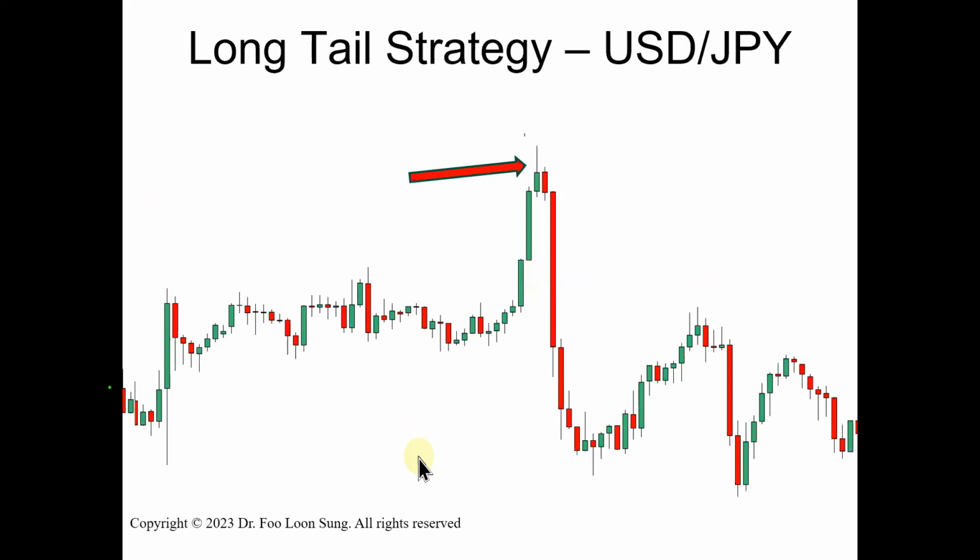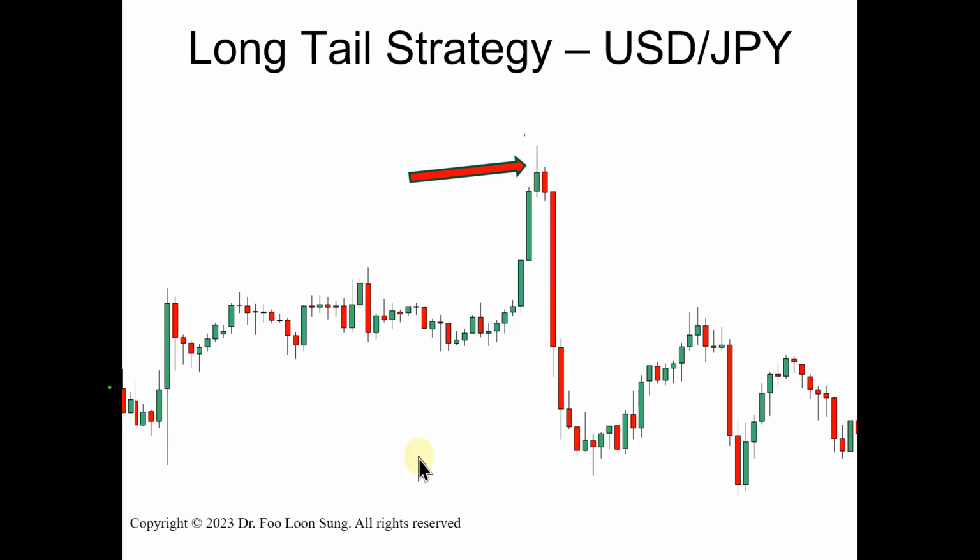Okay, next we look at another currency pair called the dollar yen, my favorite pair. Now, this is again a different market from euro. And the strategy that you can apply here is what I call a long tail strategy.